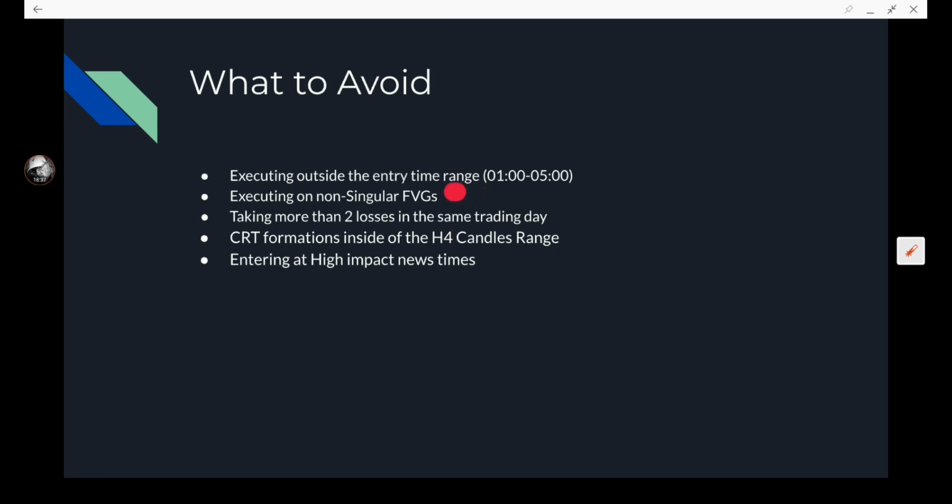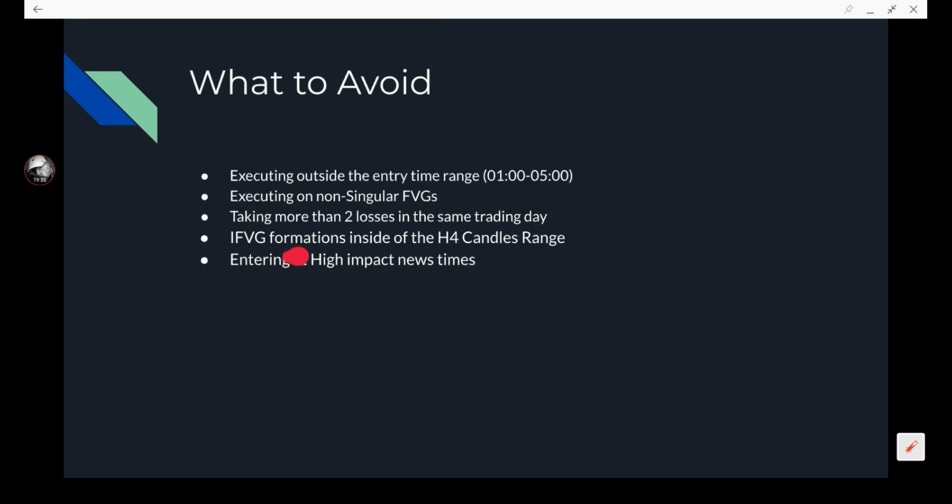As I said before, you'll just be hit by a continuation of the market and you won't catch the reversal play. Number 3, taking more than 2 losses in the same trading day. You just take 2 L's and call it a day. You would have lost 2%, and you can recover them with just 1 winning trade. And this strategy has a high win rate.